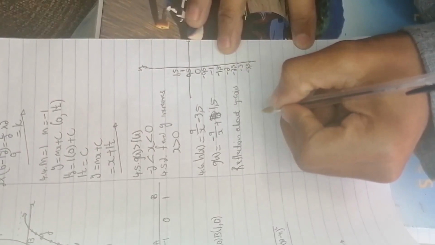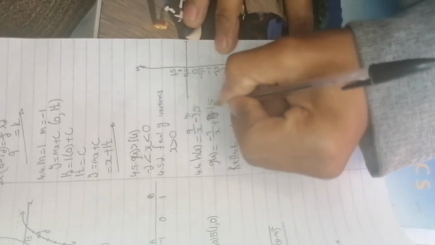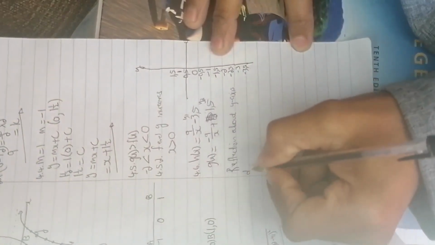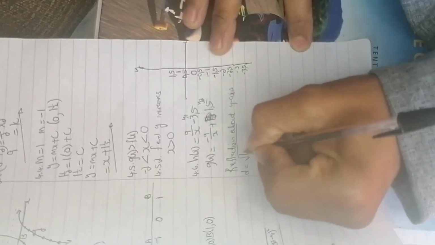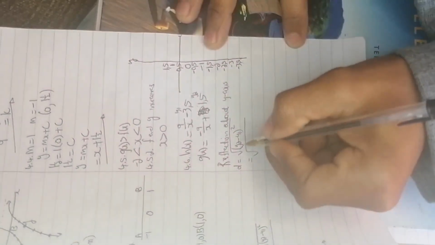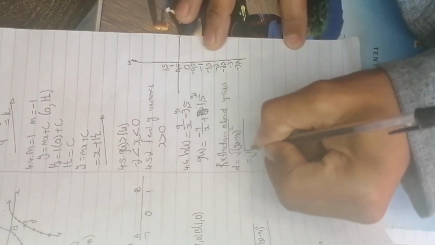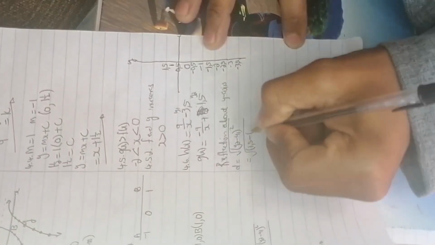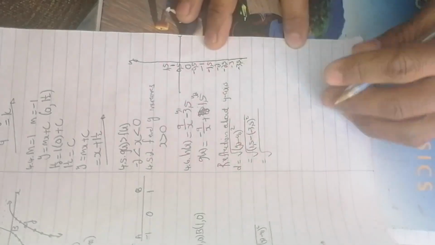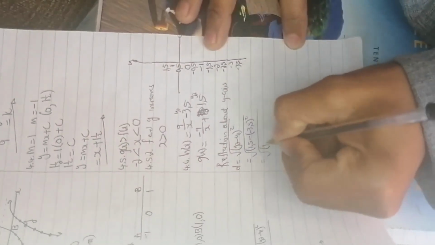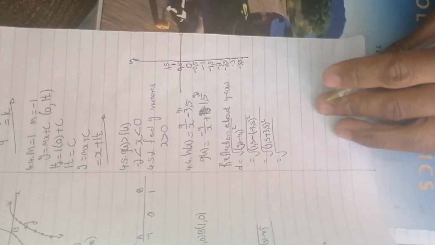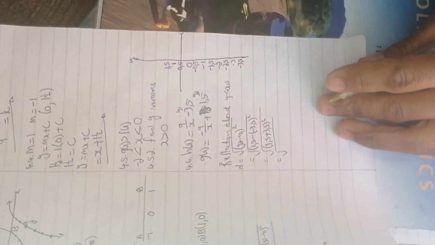So let me say this is y1 and this is my y2, and I can say the distance will be equal to the square root of y2 minus y1 squared, and I can say my y2, it's 1.5 minus negative 3.5, and I square this. 1.5 plus 3.5 squared, and let's see if this works.